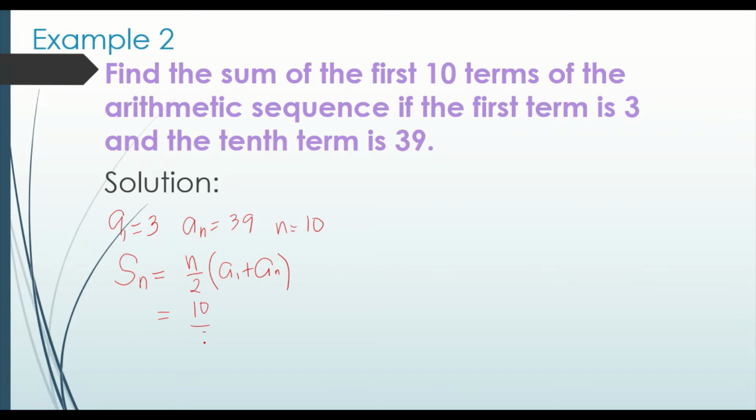So 10 over 2 times a sub 1, which is 3, plus a sub n, which is 39. 10 divided by 2 is 5. Multiply by 3 plus 39, which is 42. So our S sub 10 is equal to 5 times 42, which is 210.